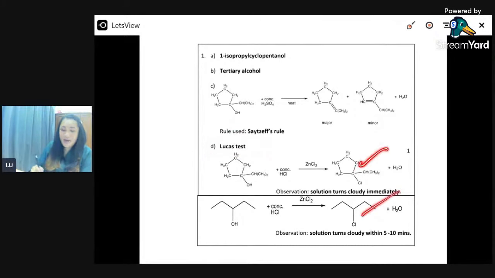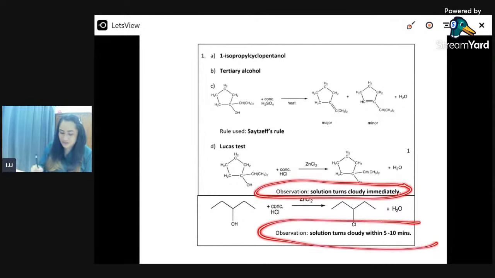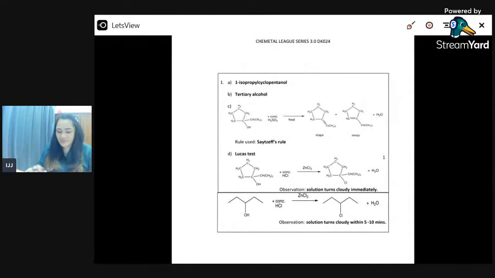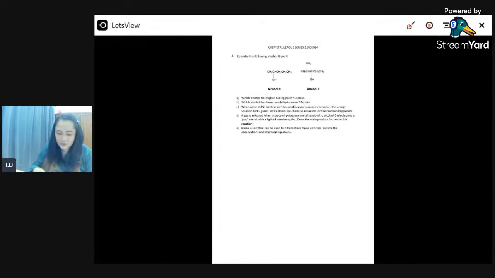Second, both must have chemical equations. Even if one does not react, you must still write your chemical equation. And third, you must write the observation. This is what you must have when you differentiate. Okay, so far so good. Okay, let us go to the next question.